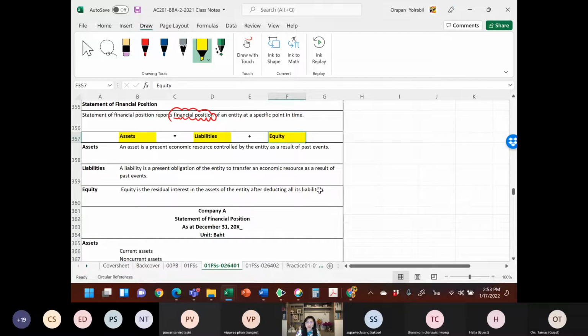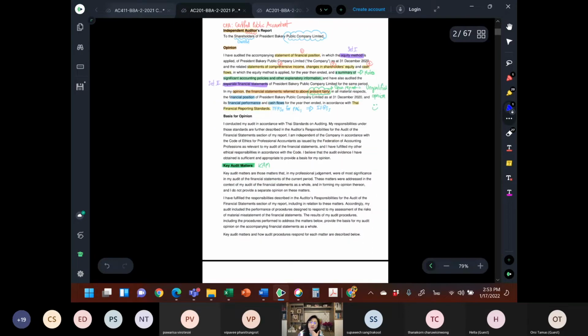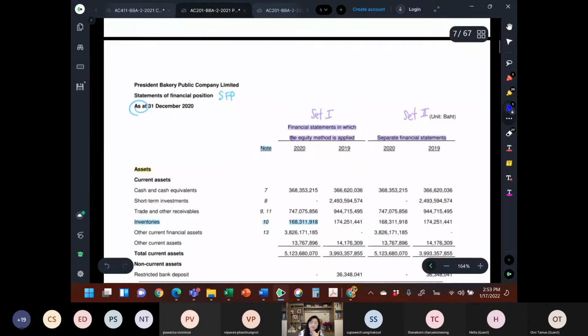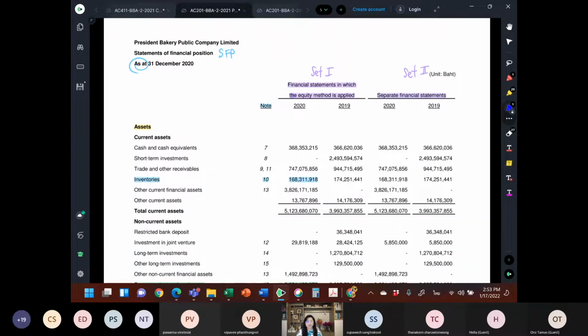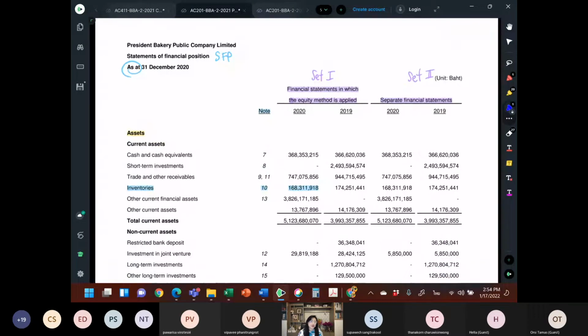Okay, asset, liability, and equity. Now, if you go to the financial statements of President Bakery, this is the first statement that you would see, right? Statement of financial position.